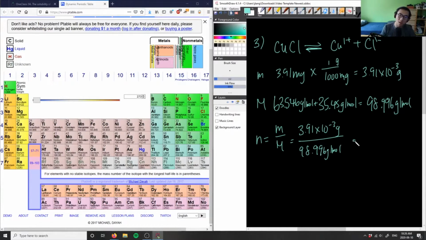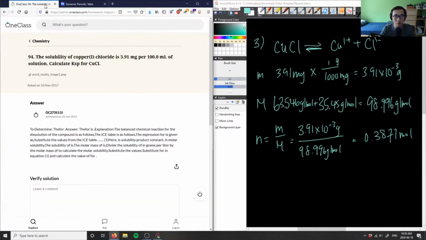And this will give us our moles of copper chloride. This gives us a value of 0.3871 moles.